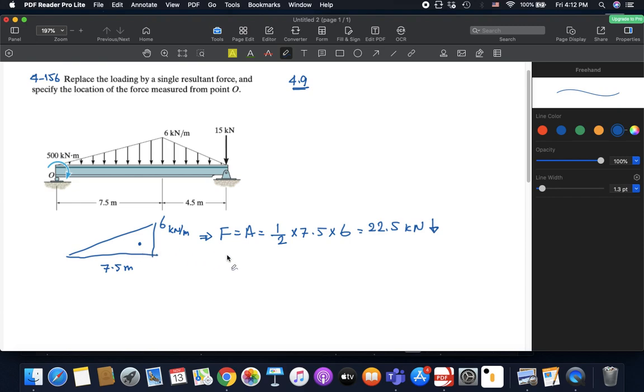Now, since we don't have an equation here that we can actually use to come up with our centroid, we will see in chapter 9 that some basic shapes already have known centroids. For example, for this triangle, let's assume this is the height.